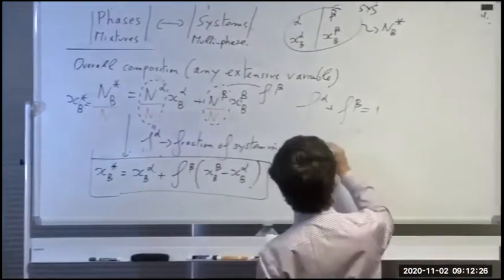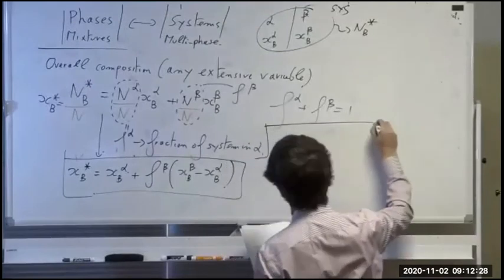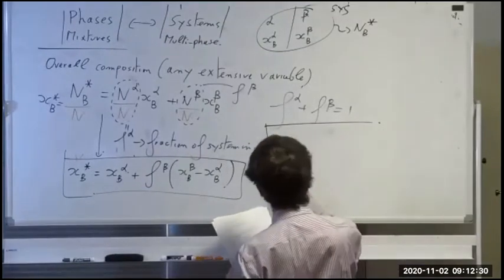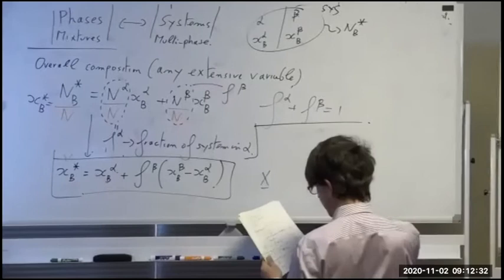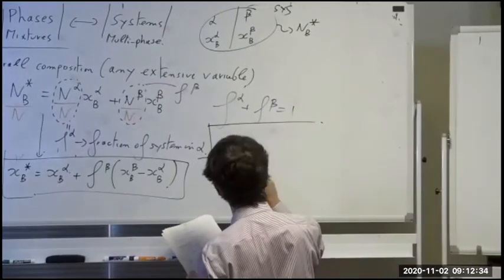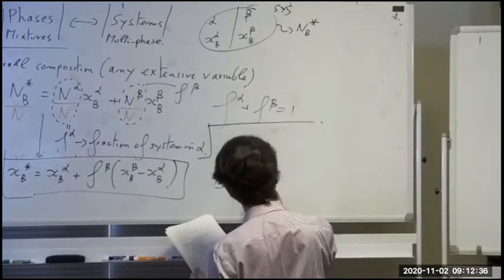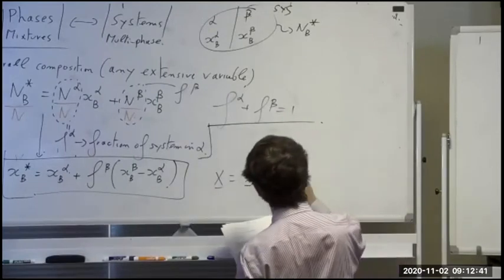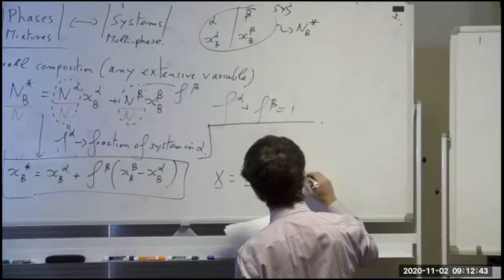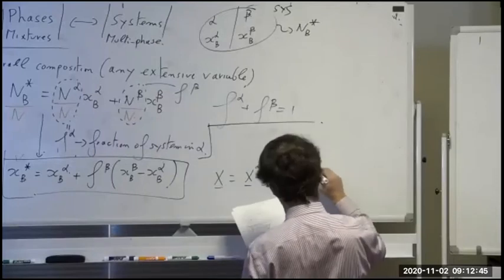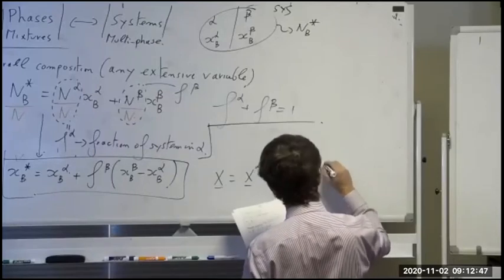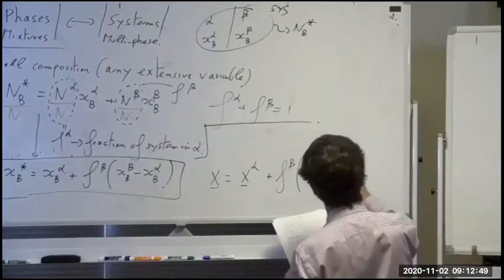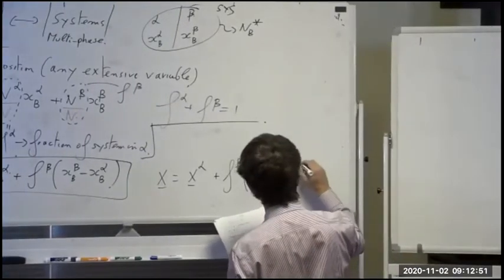And I could do this now for any quantity X. So the extensive quantity X normalized would be the normalized quantity of alpha plus the fraction of material of my system that's in beta times the value of X for beta minus the value of X for alpha.